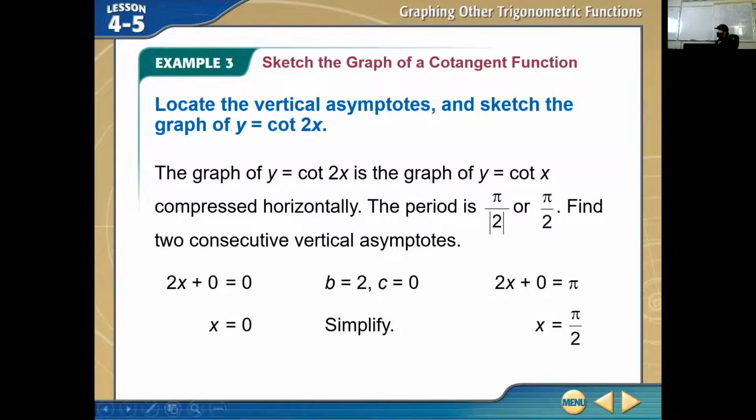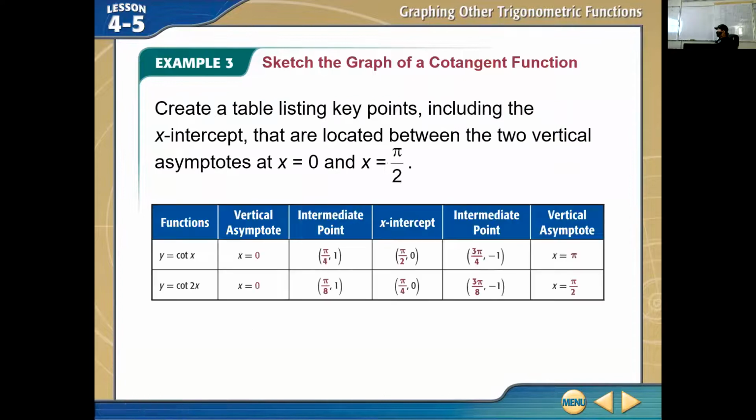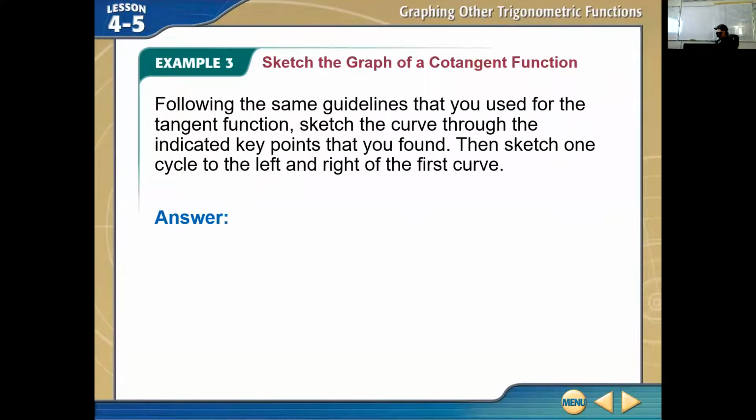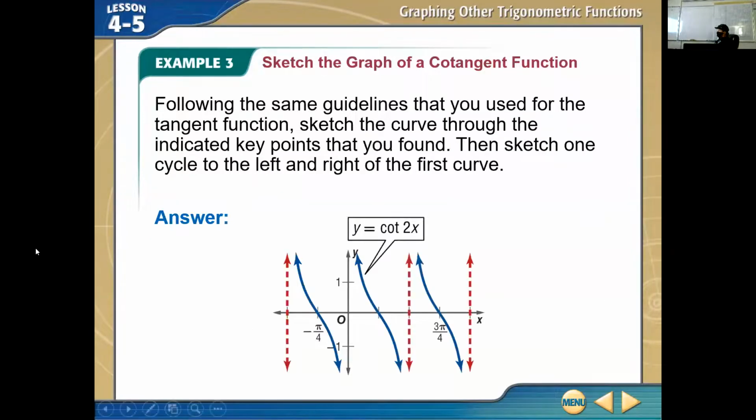You can also set it to 0 and then just add the period on both sides, like 0 plus pi halves, 0 minus pi halves, and then they found the intercepts right there. So it's really the same process with tangent and cotangent. It's just remembering that the cotangent asymptotes are the tangent intercepts.